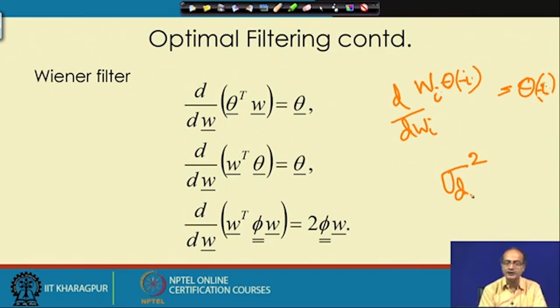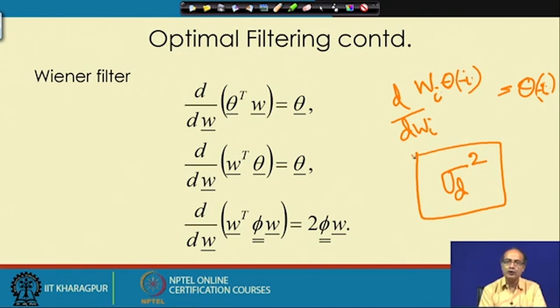We have not mentioned it because this one is the variance of the desired signal. It is already given, and whatever the tap weight may be, it will not change. So if we take the derivative, it would be 0.